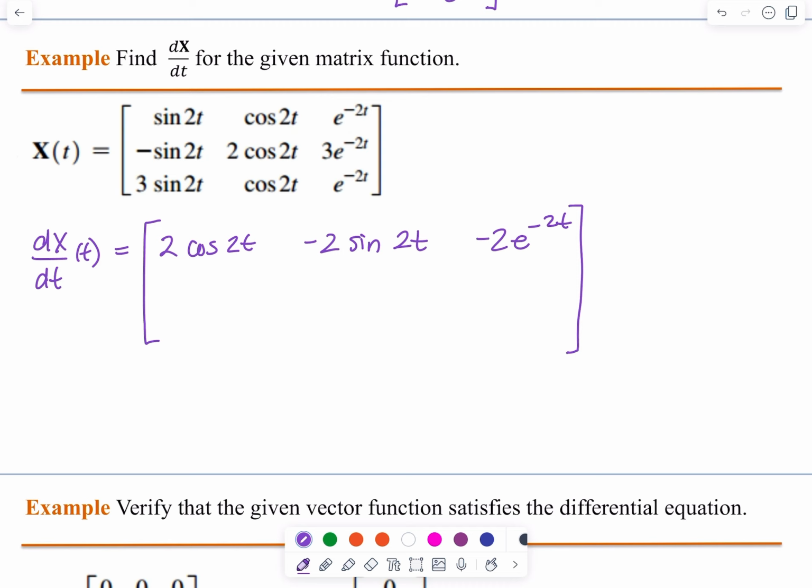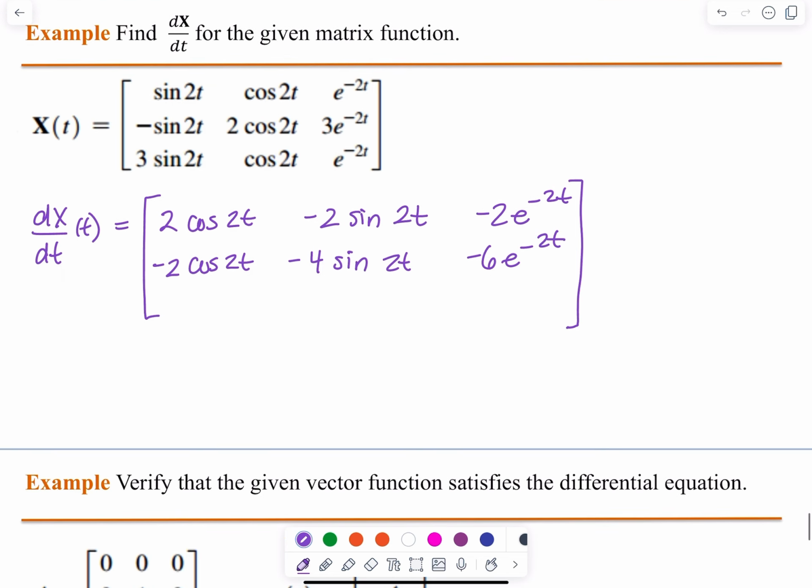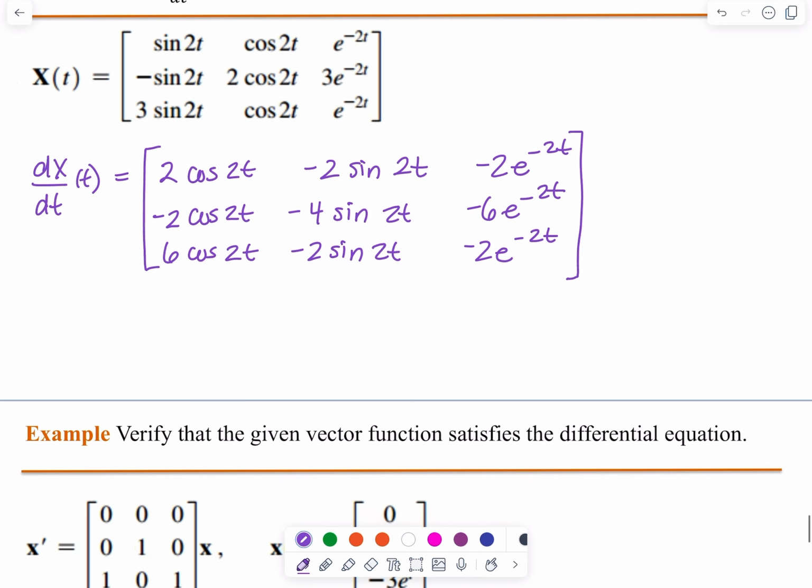And now we have negative 2 cosine of 2t, negative 4 sine of 2t, and negative 6e to the negative 2t. And for our last row, we have 6 cosine of 2t, negative 2 sine of 2t, and negative 2e to the negative 2t.